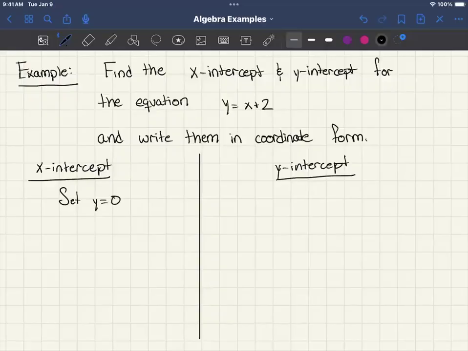So our first step for our x-intercept is to set y equal to 0. We're going to take our equation, y is equal to x plus 2, and plug 0 in where we see our y value. Then we are going to solve for x.